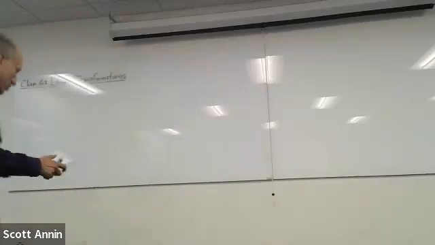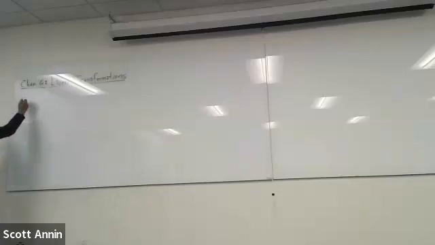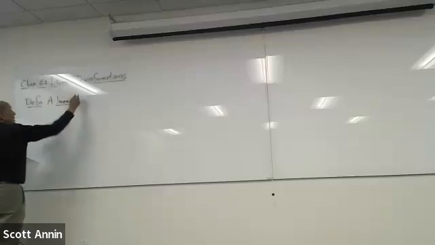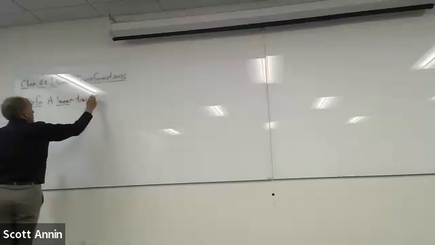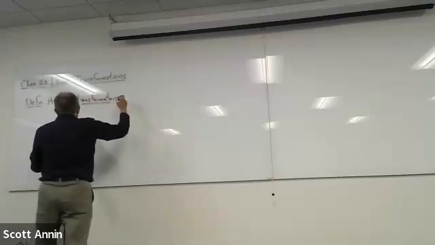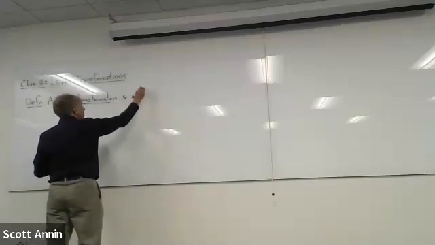Let's write it down. I'm going to start right off with the definition here. We'll just kick things off. Start off chapter 6 with a definition. A linear transformation is a function.